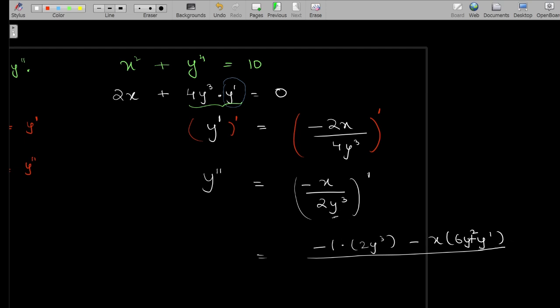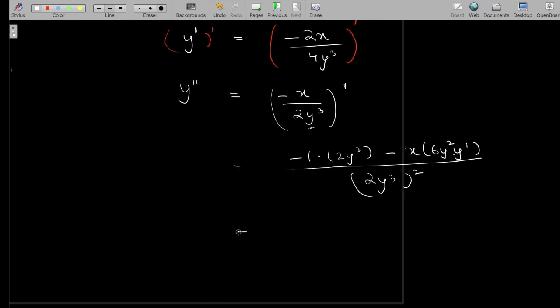You did that right, derivative of 2y cube will be 6y square, and there will be a y prime term. You also differentiate y with respect to x, so don't forget this term. And then in the denominator we have 2y cube whole square.